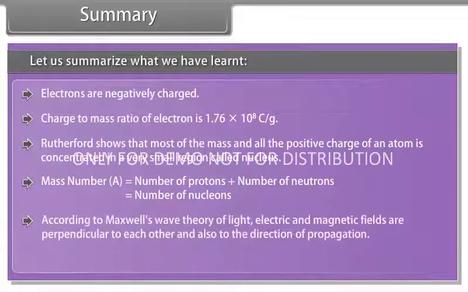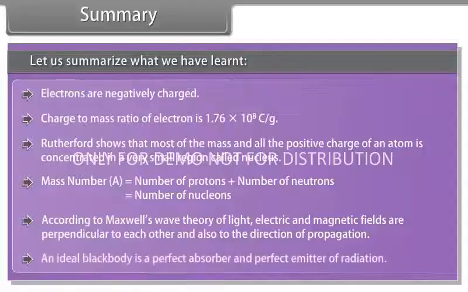According to Maxwell's wave theory of light, electric and magnetic fields are perpendicular to each other and also to the direction of propagation. An ideal black body is a perfect absorber and perfect emitter of radiation.